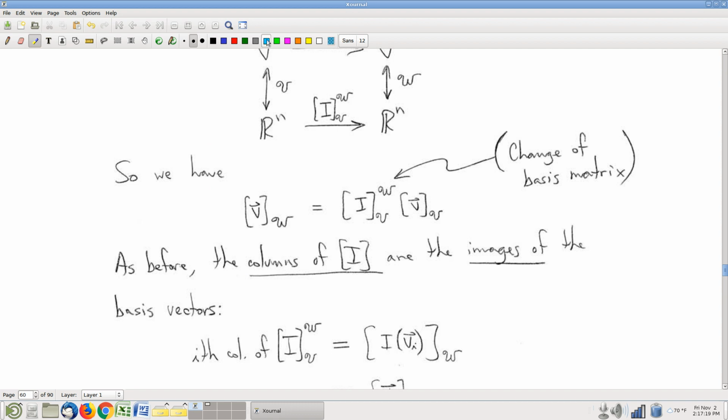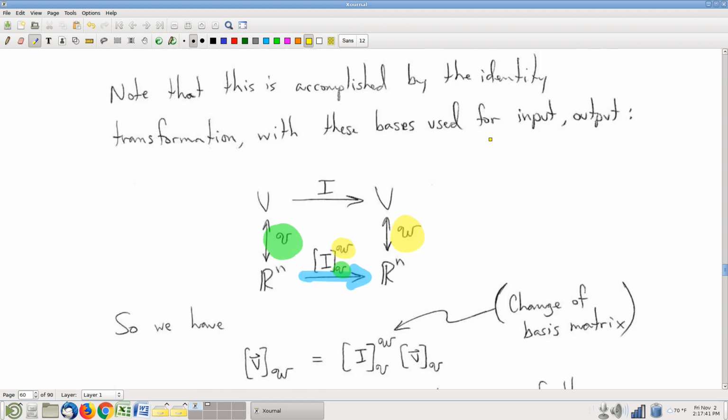This matrix that we're describing, I_VW, note that it converts V coordinates to W coordinates, right? So the input basis is the V basis, the output basis is the W basis. This matrix, when you multiply by V coordinates, gives you W coordinates.